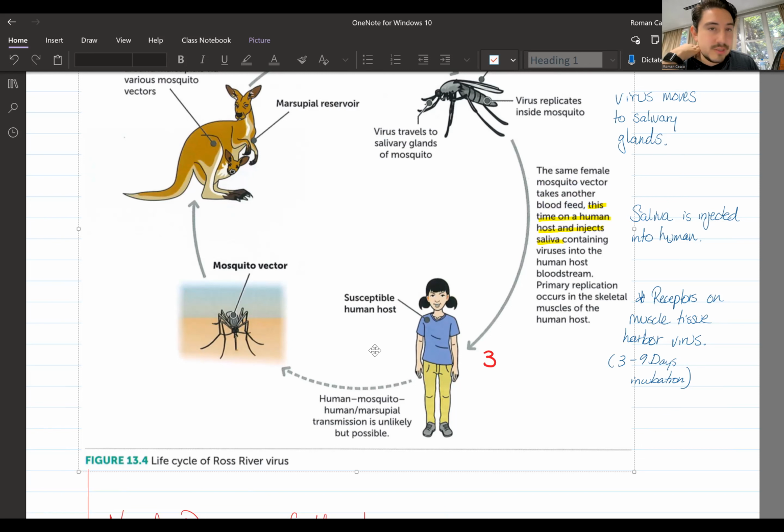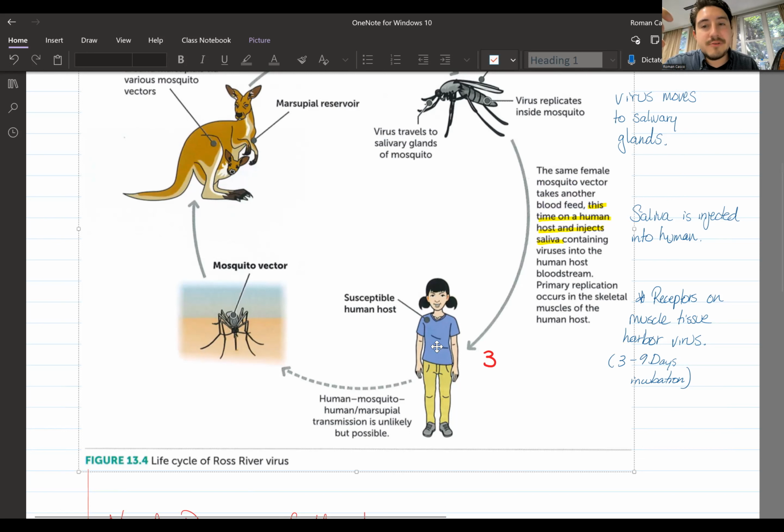It's always this kind of trend where you're getting these female mosquitoes, and then the new mosquitoes will likely get the virus from a kangaroo rather than sucking in blood from humans.